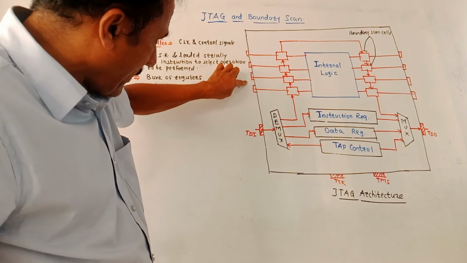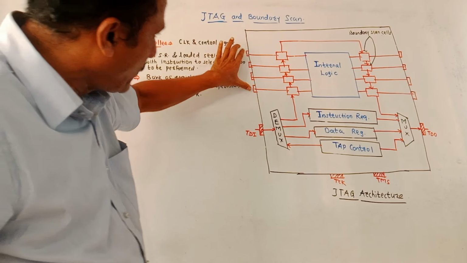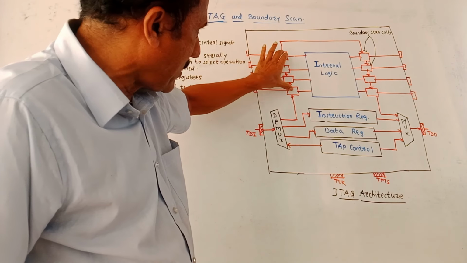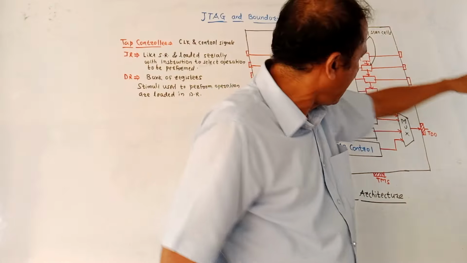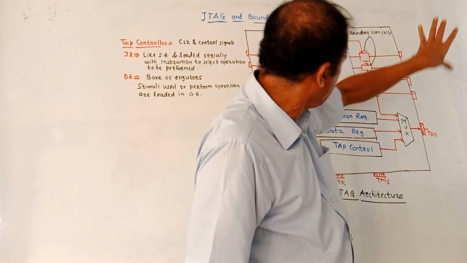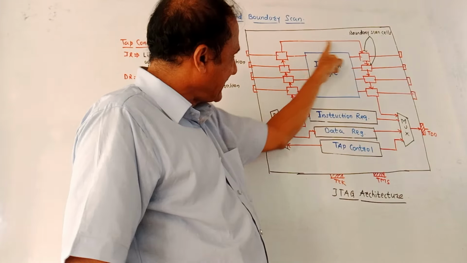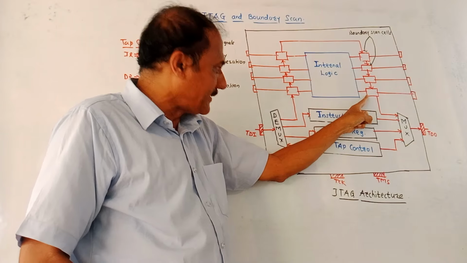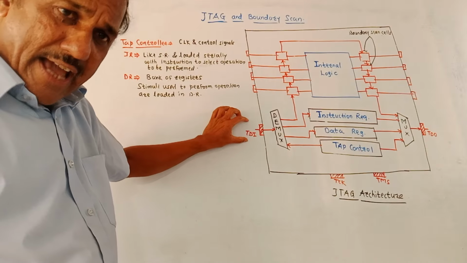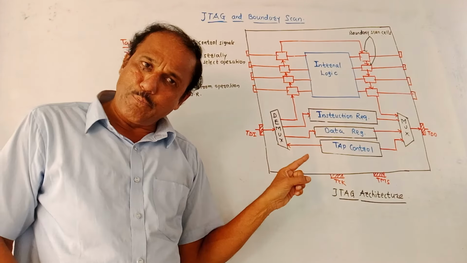Then these four pins are the physical pins which are connected to these four boundary scan cells, and at this side again these four are the physical pins which are connected to these boundary scan cells, and all the boundary scan cells are connected one after the other. Then TDI is the test data input pin.